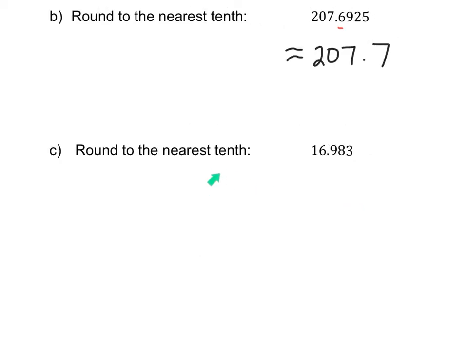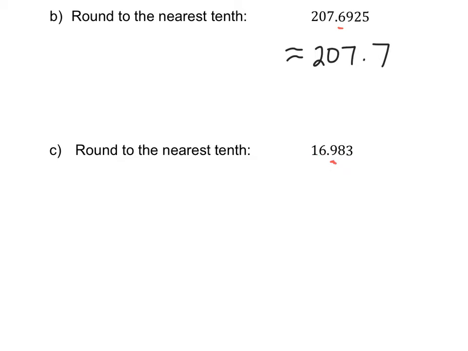Okay, so here we are rounding to the tenths again. Let's underline the digit in our tenths place, which is our first place here, the 9. The number to the right of 9 is 8, which means our 9 has to round up. So it will become a 0, and we'll have to make the 6 be a 7.